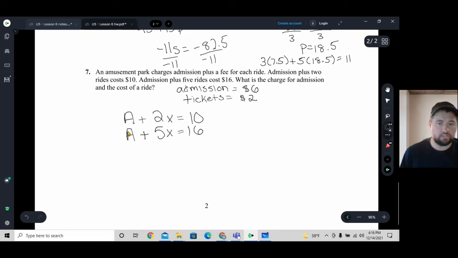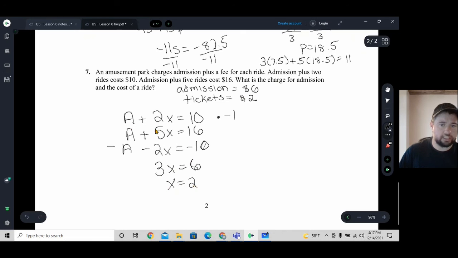My A's, I have singular A's, so I'm going to get rid of my A's. I'm going to take this top equation and multiply it times -1. And so that will give me -A minus 2x equals -10. My A's will cancel. I'll have 3x equals 6, which means x equals 2.